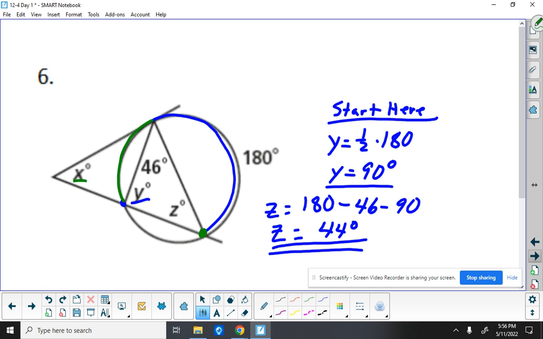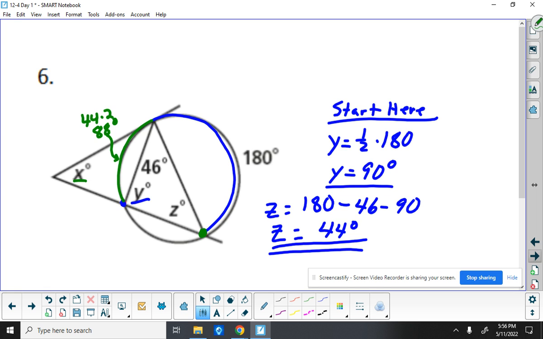Hang on just a second. I did find z. That's 44. With that 44, because this is an inscribed angle, this arc is going to be double that, 44 times 2, and I get 88 degrees right there.